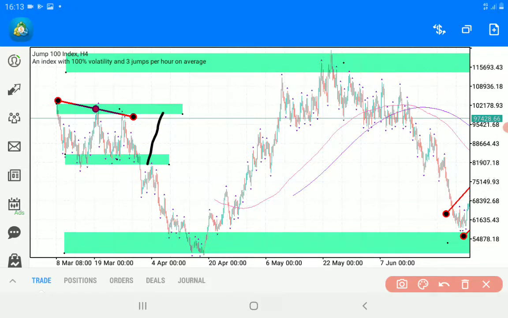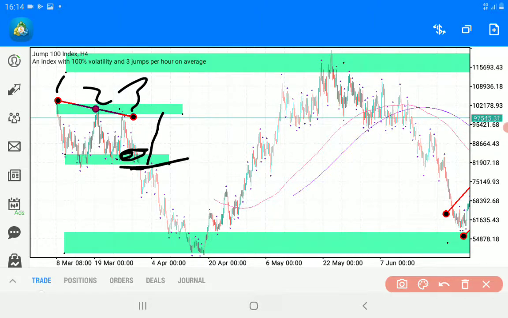But then let's say you expected it to go back up, you were going to buy here, and you put your stop loss somewhere down here, so your stop loss was going to be hit.